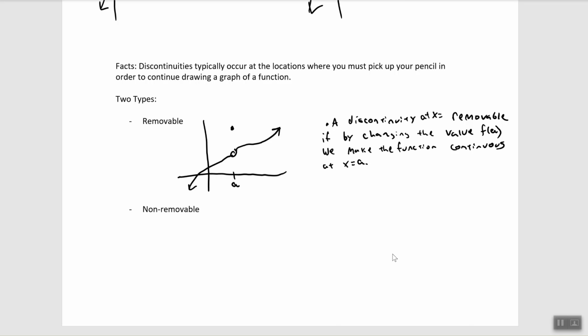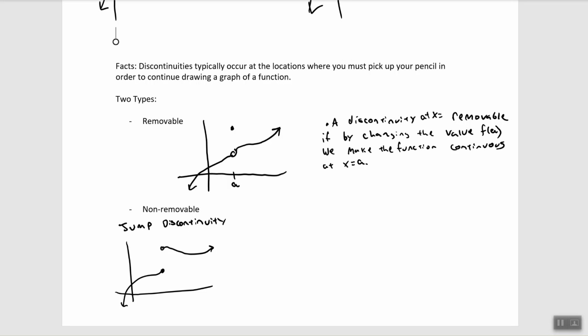Now, most of the discontinuities you will encounter are of the non-removable kind, and those are the following. A jump discontinuity just means I have to pick up the pencil to be able to continue drawing, like this. I just have to jump up or down a level to get to the function.